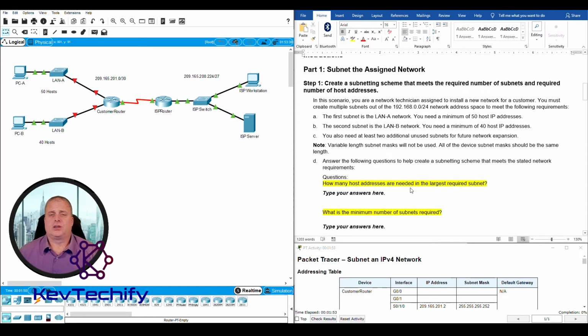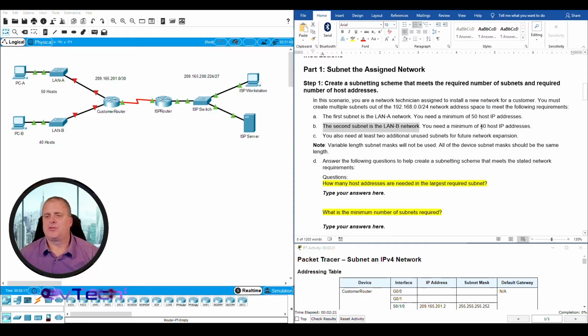Coming into our instructions. Part 1, subnet the assigned network. Create a subnetting scheme that meets the required number of subnets and required number of hosts. Now, here are our requirements. A, we need a minimum of 50 hosts on LAN A. Second requirement, the second subnet is LAN B. LAN B here is the bottom left of our network.